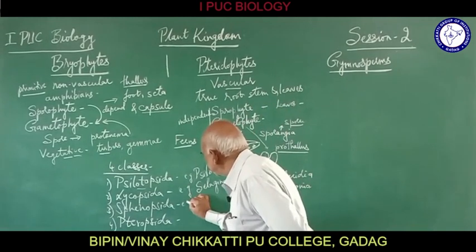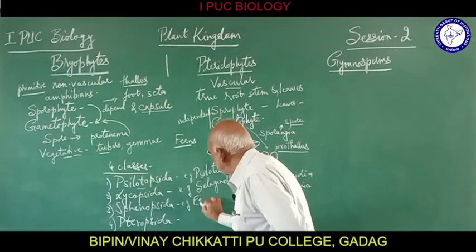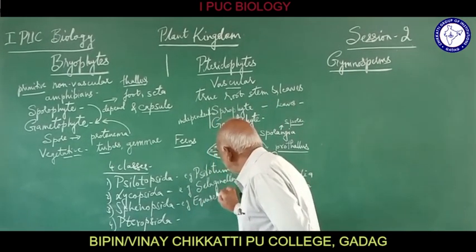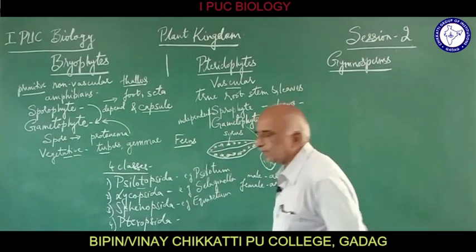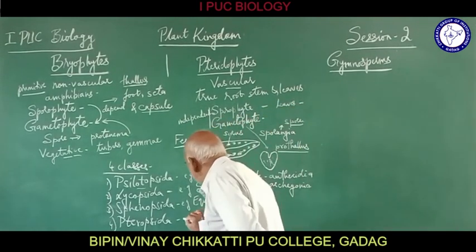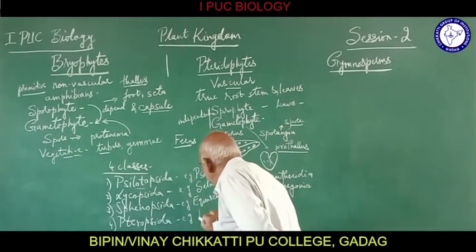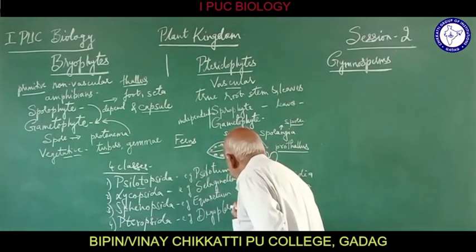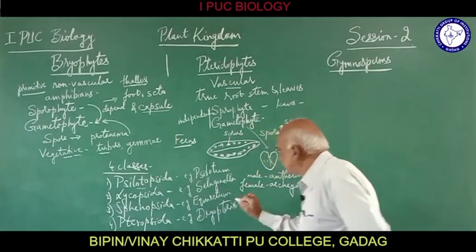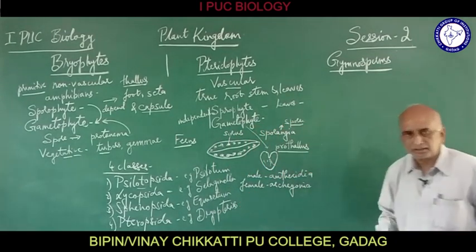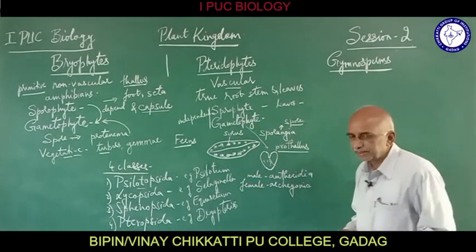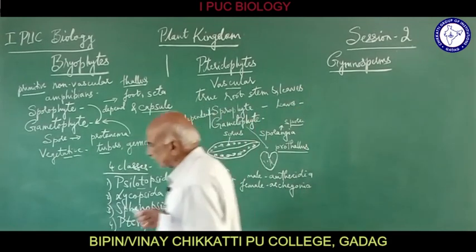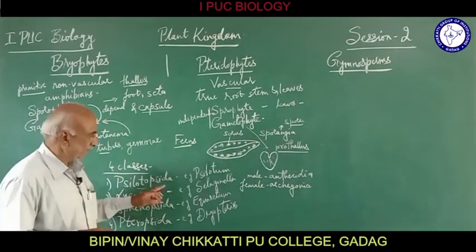Then in case of Sphenopsida, we come across an example like Equisetum. It is one pteridophyte example. And in case of Pteropsida, we come across a plant called Dryopteris. So these are the 4 groups, mentioning one example in each class.